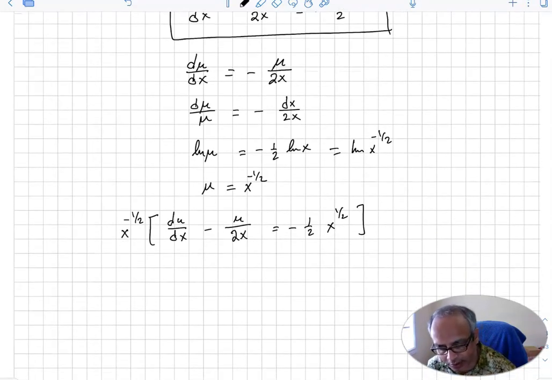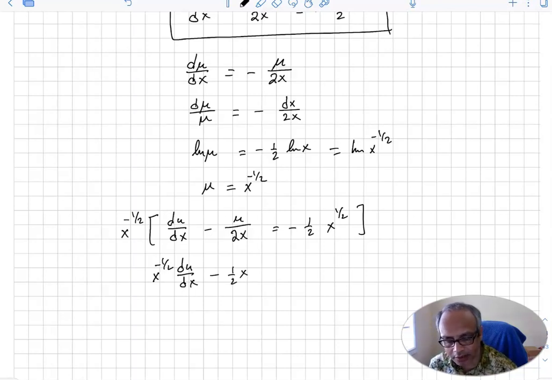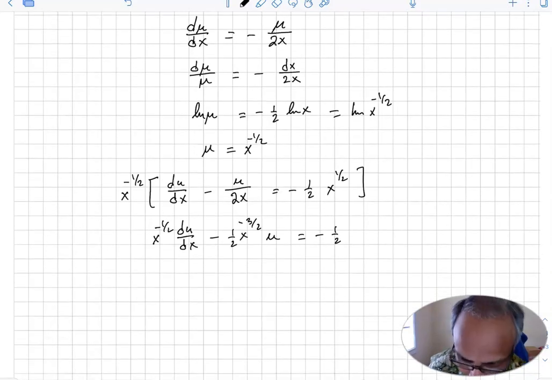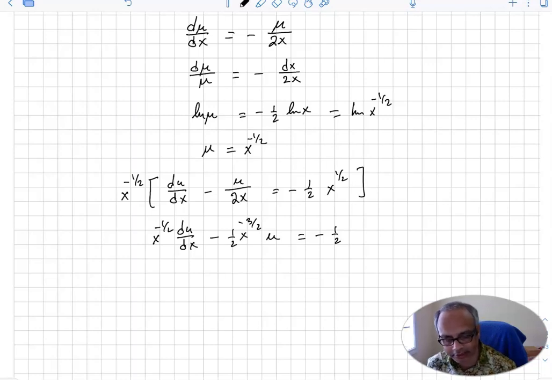So after multiplication, minus half x to the power, it looks like minus 3 over 2 times u, and minus half, and half cancelled, x to the power 0, which is 1, and then minus half. Okay, so this one you can easily see that this part is d/dx of x to the power negative half u.